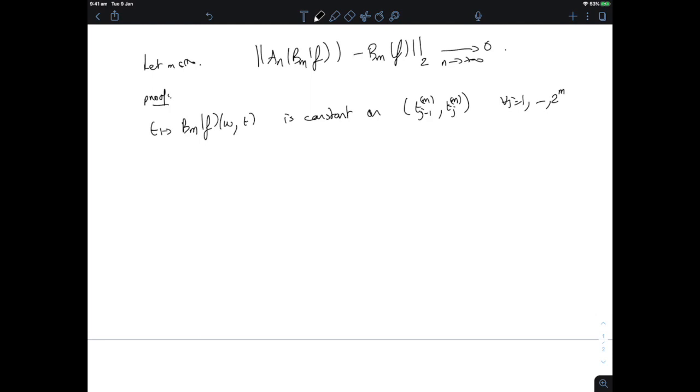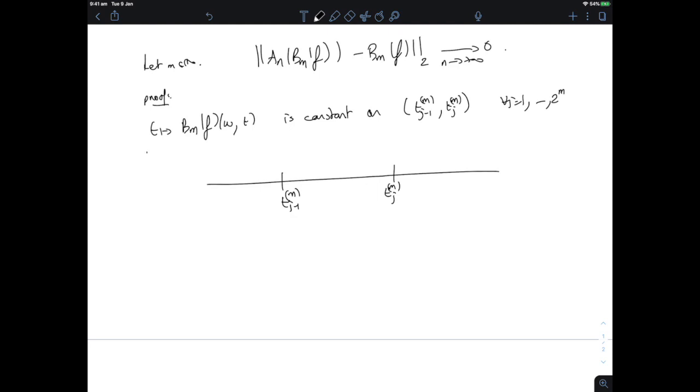Right. That's because it's literally constructed that way. It's piecewise constant on those intervals, equal to the average of the process on those intervals evaluated at the point omega in capital Omega. So it's constant on those intervals. So let's have a look at those intervals. Right. So you have an interval like this, t_{j-1}^m to t_j^m.